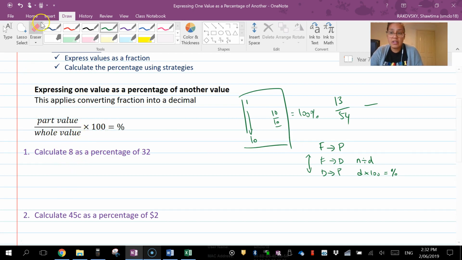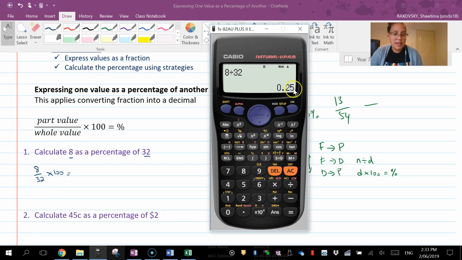So have a look at this one here. It says calculate 8 as a percentage of 32. So the first thing I'm going to do is write it as the part, 8 over 32, multiplied by 100. So 8 over 32, I'm pretty certain that's four, yep, so I put that in my calculator. As you can see, it is 0.25, which is a quarter.